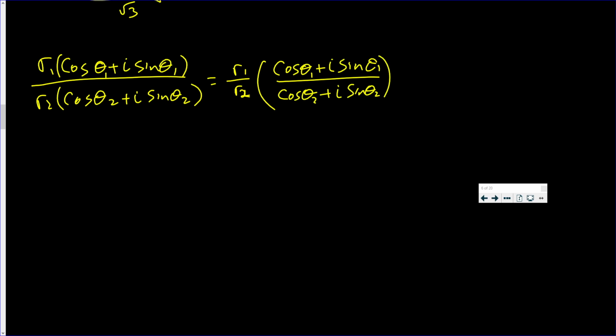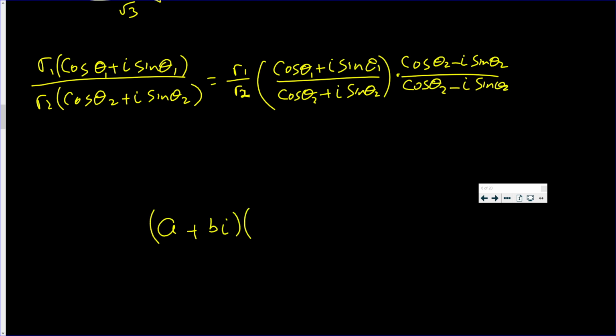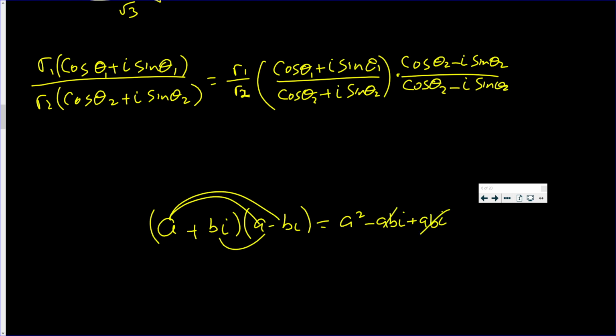Now, the only thing I can multiply this by is 1. Otherwise, it changes the value. And the one I'm going to pick is the conjugate of the denominator. Remember, if you have a plus bi and you multiply it by a minus bi, you're going to get a squared. You're going to get minus abi, but then you're going to add that back, so that's going to cancel.